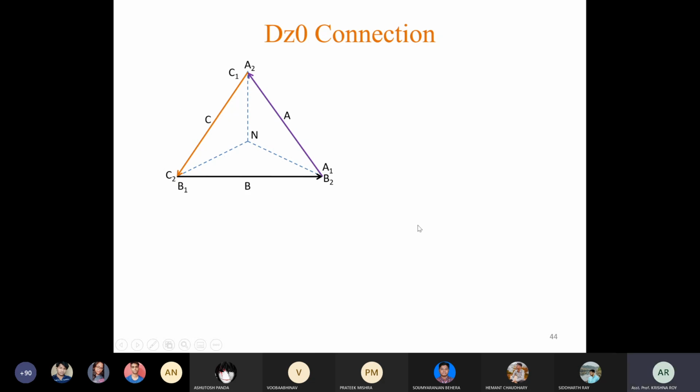Now before connecting the secondary side in zigzag, if we excite the primary side, the different phases of the low voltage side or secondary side will be oriented like this. Correct? If this is B phase, these two are B phase, this one parallel to this phase, and if this is A phase, these two are A phase windings of the secondary side, and these two are C phase windings.